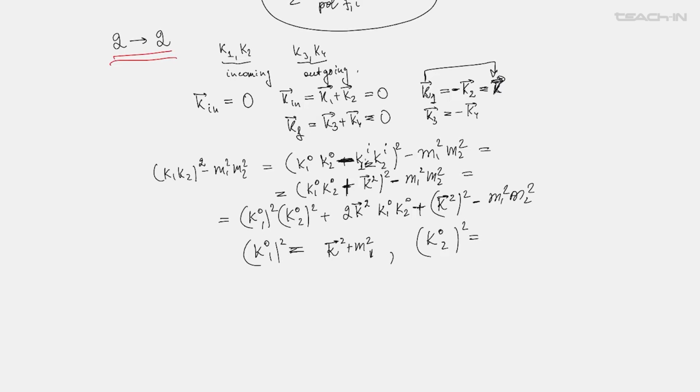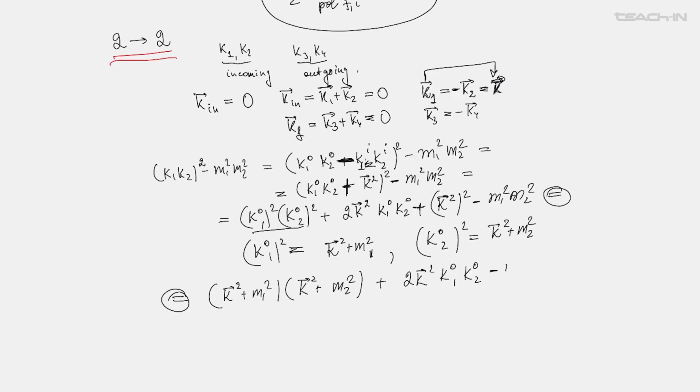And then we take this, substitute into this formula here, and get the following answer. So if you allow me to continue this expression and substitute, I get k squared plus m1 squared, k squared plus m2 squared, plus 2k squared k01 k02, minus m1 squared m2 squared.